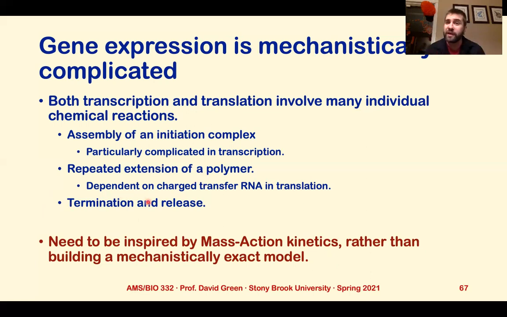Then in both cases, there's also some complexity in termination. Determining how is termination recognized, how does the reaction stop, how does the template dissociate from the molecular machine that was driving the process.